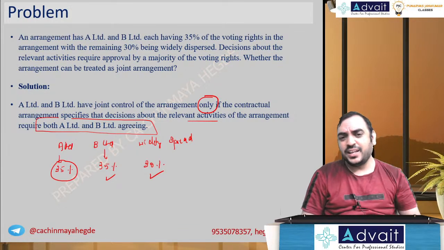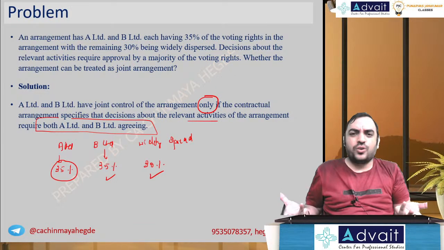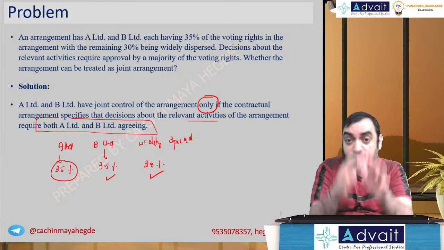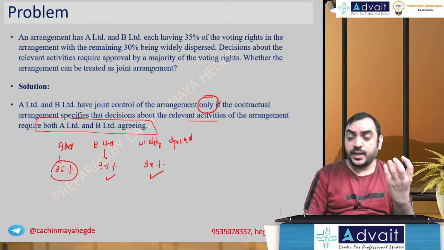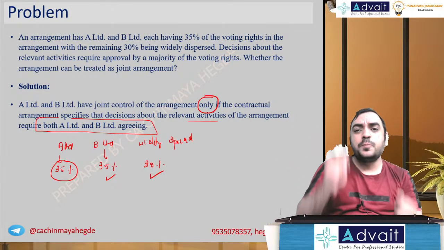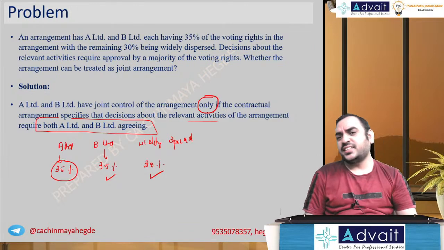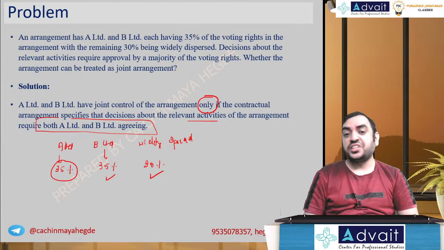Should A Limited and B Limited necessarily come together to make a decision? No, right? In this example, if you limit yourself to the information given, A Limited can have 35, the remaining people some 20%, they come together to make 55, so B Limited's consent is not really required. So you cannot say based on this information.